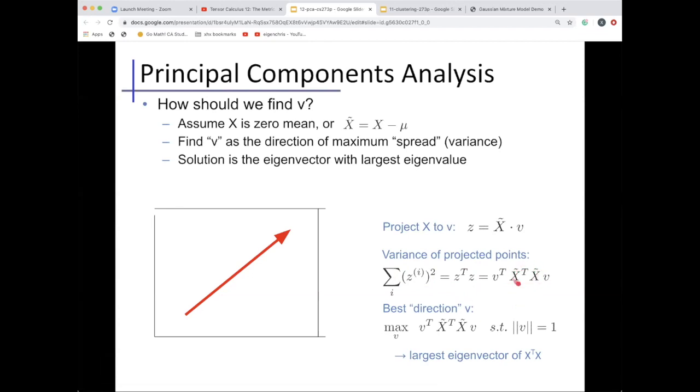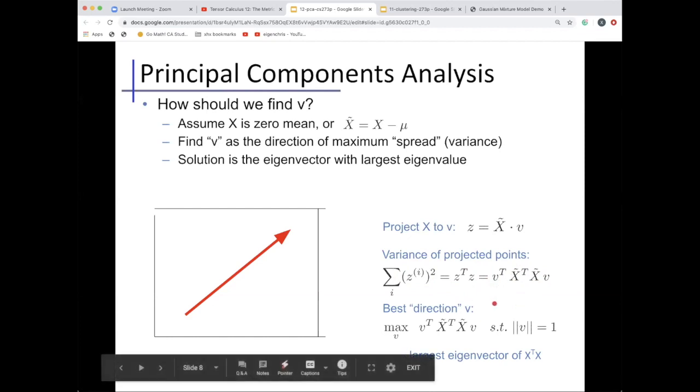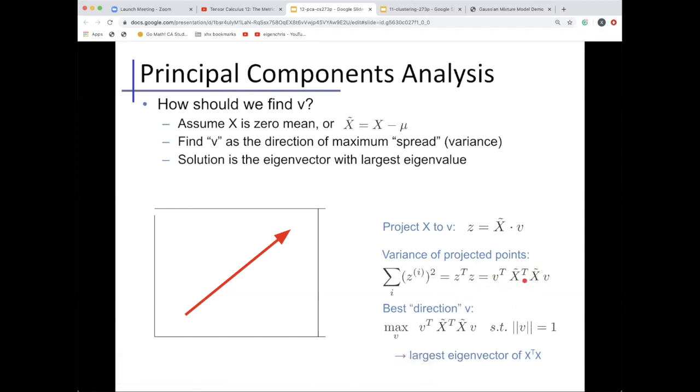This matrix is going to be an N by N matrix, where N is the dimension of your original input data. And V is the direction that I want to discover, the direction I'm projecting my data points onto. Then V transpose times this matrix times V is a scalar, and that represents the variance of the projected points.